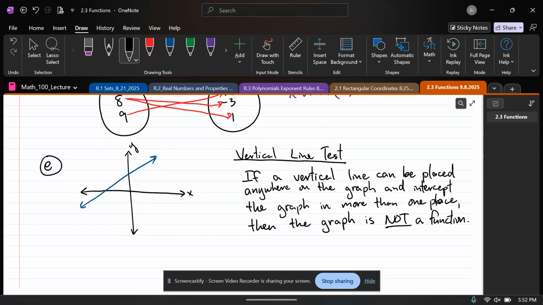What if I extended that graph and went over here? It's still just once. So that graph passes the vertical line test. So it is a function. What that means is everywhere I place that, you've got one x value and one y value that goes with it. So it doesn't repeat an x value. Okay? So this is a function.